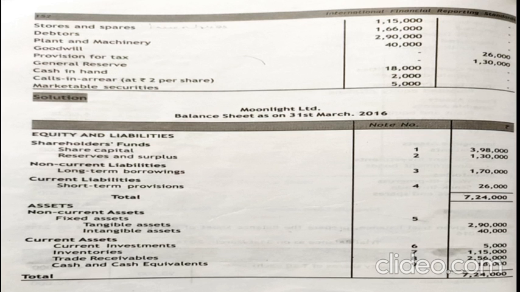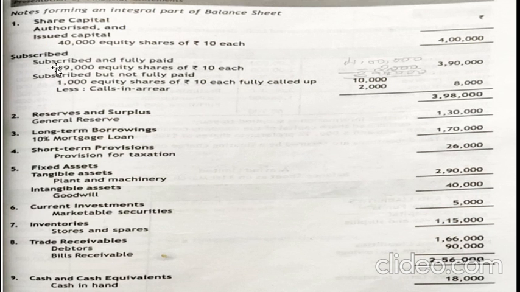We will divide it as per the working note. Now subscribed and fully paid is 39,000, which is 40,000 minus 1,000.